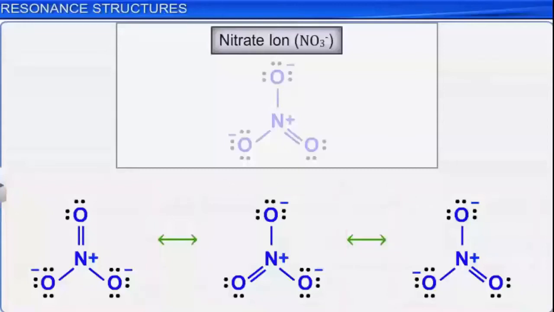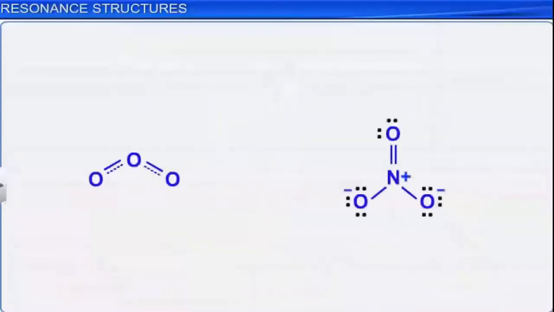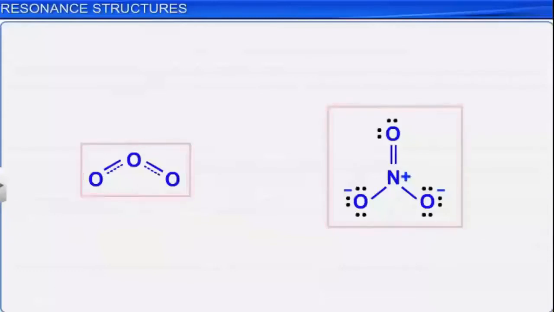Therefore, the nitrate ion is best described as a resonance hybrid of the three possible canonical forms as shown here. Thus, we can conclude that resonance stabilizes the molecule as the energy of the resonance hybrid is less than any of the canonical structures. Also, a molecule can have only a single structure, that is, the resonance hybrid of all the canonical forms.